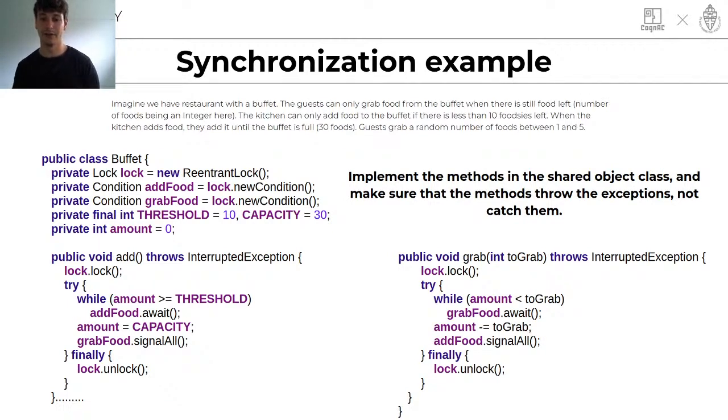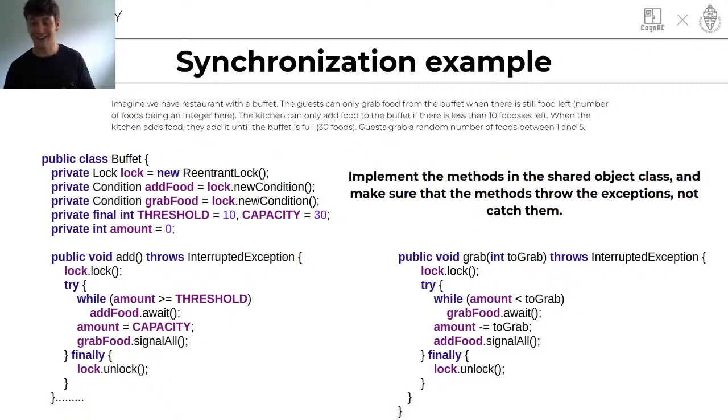And then, when they are done waiting, so on the left hand side, if it makes it past the while loop, then we know that the amount is lower than the threshold. So we know at this point that the kitchen can add food to the buffet. So we say amount is equal to capacity, and we give a signal to all the people who are waiting, essentially saying, hey, we just added food, you probably don't have to wait anymore.